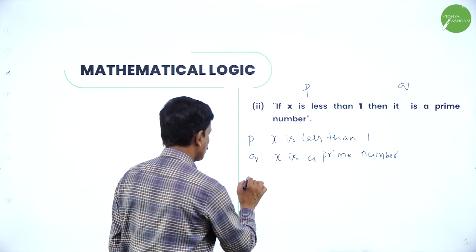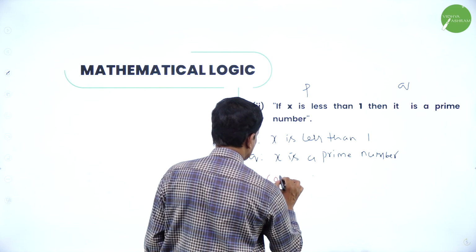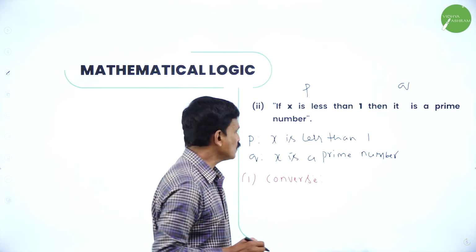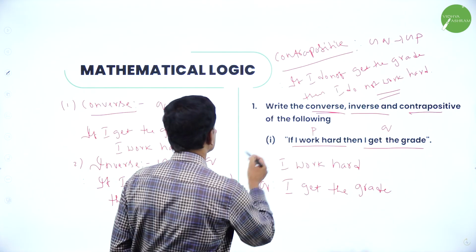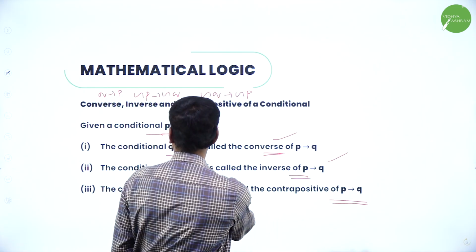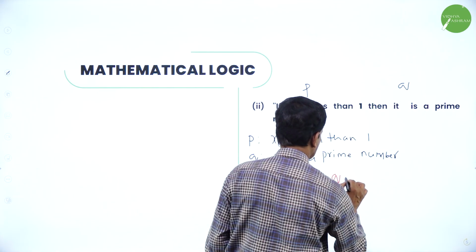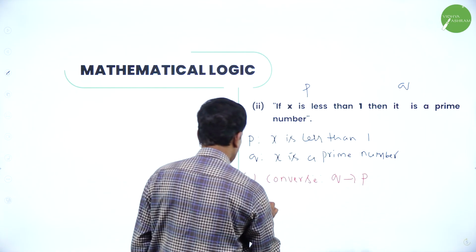Now first, let me write. First one is converse. What is converse? Converse is nothing but Q conditional to P. So how to write?